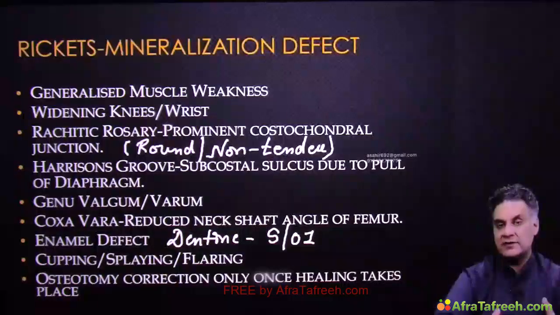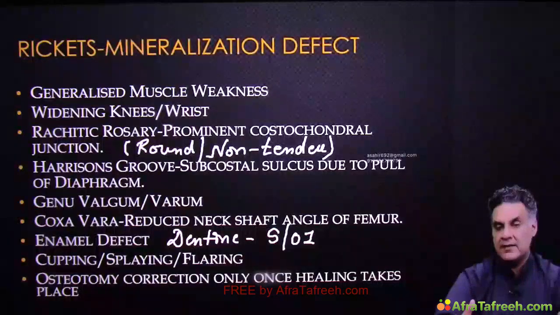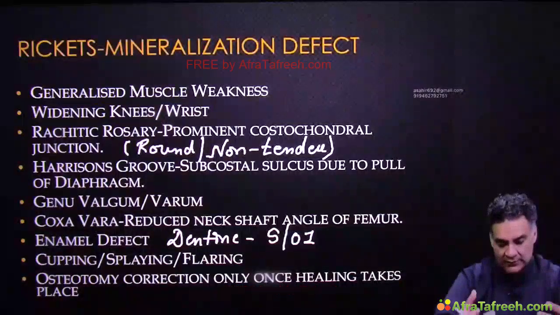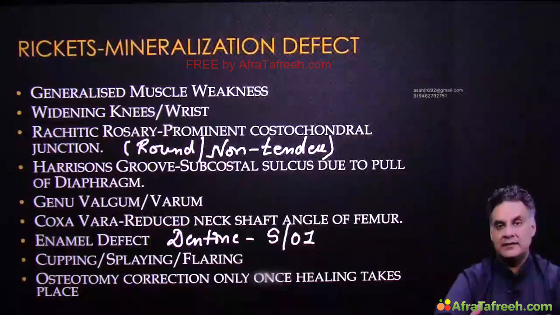That's the earliest feature of rickets. Diaphragmatic pull causing Harrison's groove. Enamel defect. Forward sternum or pigeon chest. Growth plate widening. So these are the points which you will classically see in rickets. Genu valgum and varum.